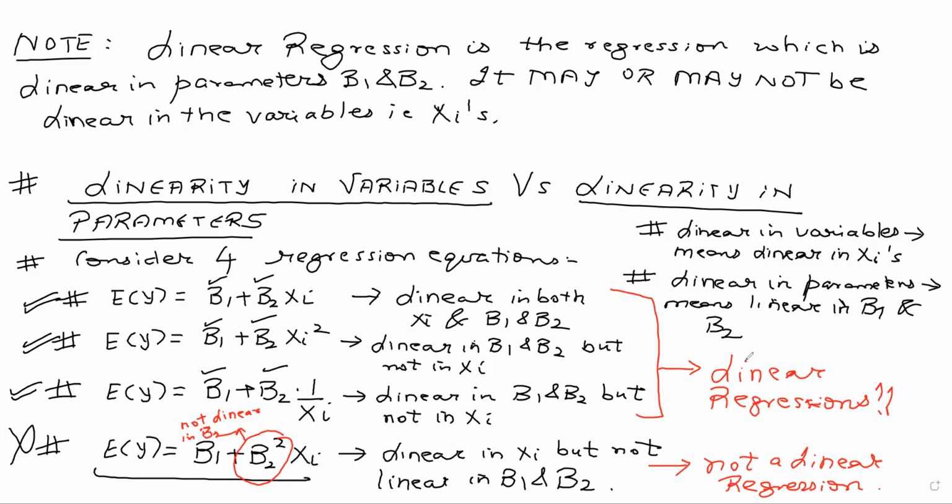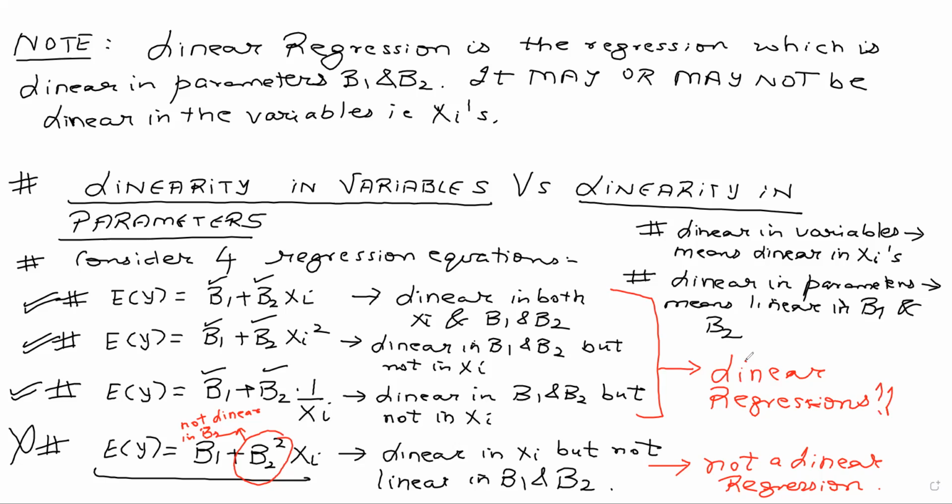So guys, this is where I intend to stop in this particular lecture. What we have covered in this lecture is the concept. We have revised non-stochastic population regression function, which we had done in the last lecture. We have started with stochastic population regression function. We defined the disturbance variable. Then we talked about the sample regression function, non-stochastic and stochastic.